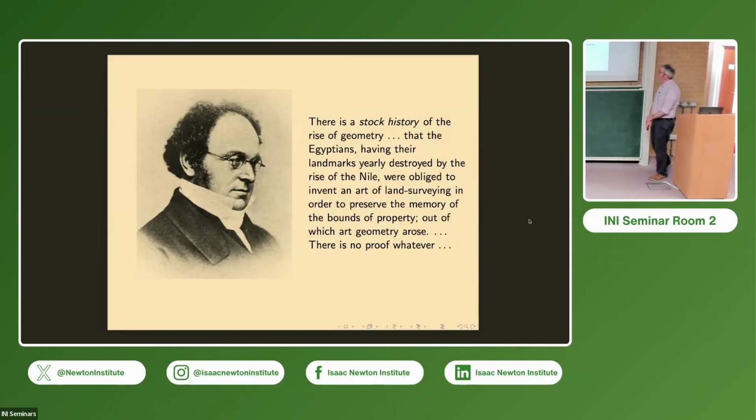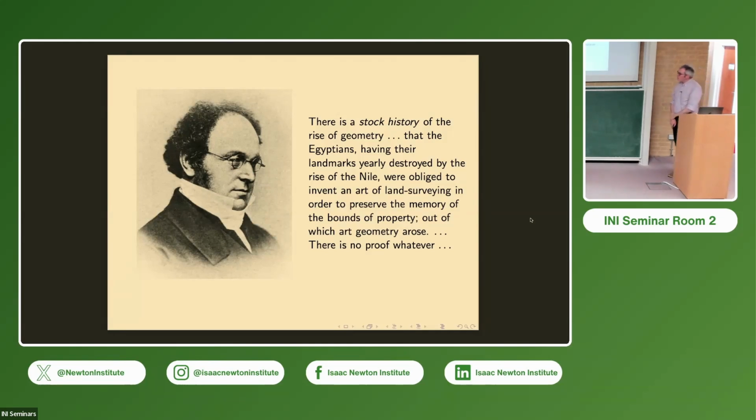And he begins that entry with a short, well, not that short, history of geometry. And in this history, he refers to the fact that there seems to have become a stock history of the rise of geometry: that the Egyptians, having their landmarks nearly destroyed by the rise of the Nile, were obliged to invent an art of land surveying in order to preserve the memory of the bounds of property, out of which art geometry arose. And then he goes on to muse on the theme that if we are to call something history, then we have to have some evidence for it. And for this, we have no evidence beyond Herodotus. So he's somewhat skeptical.